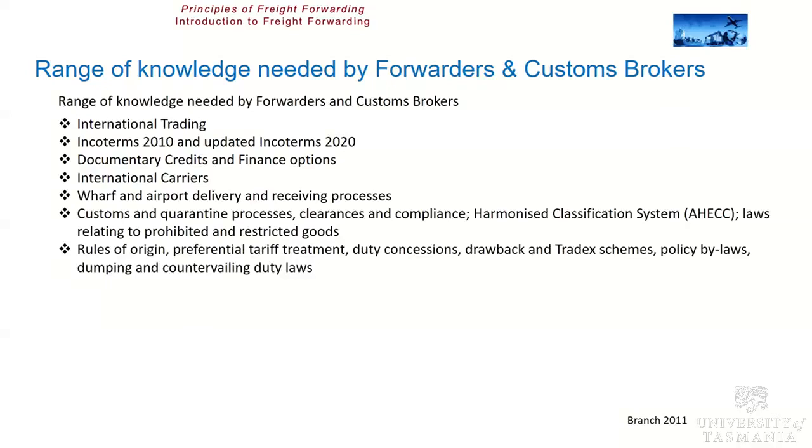These two in many ways go together. You should have an understanding of rules of origin, preferential tariff treatment. Rules of origin are mainly associated with determination of tariffs, because we know that a lot of goods move around the globe until they finally get to a point of assembly in one particular country.